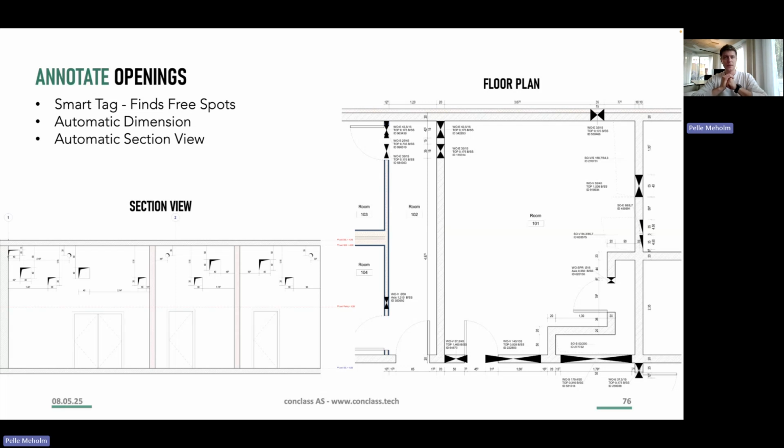The main benefit is that SmartTag tries to find the free spot in your 2D drawing to avoid overlapping elements or overlapping text and dimensions. With the dimension tool, you can dimension walls or also create section views based on walls automatically.